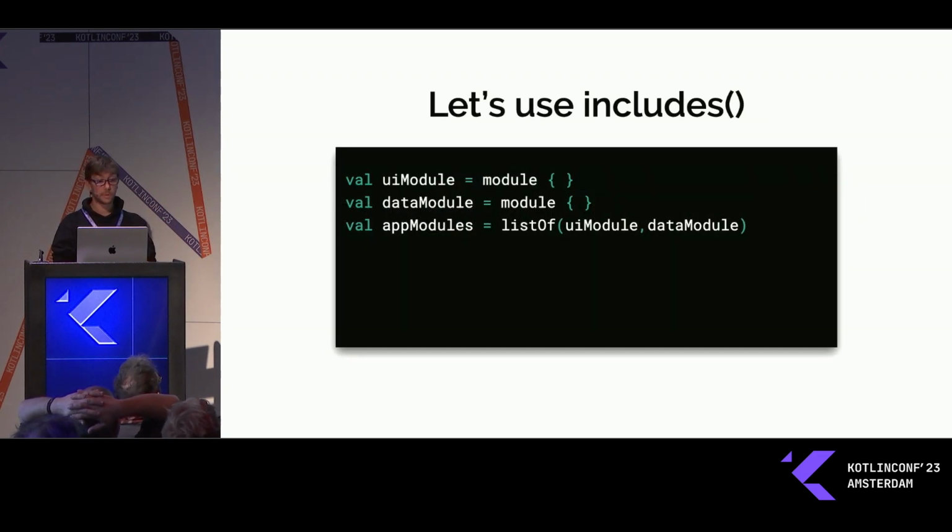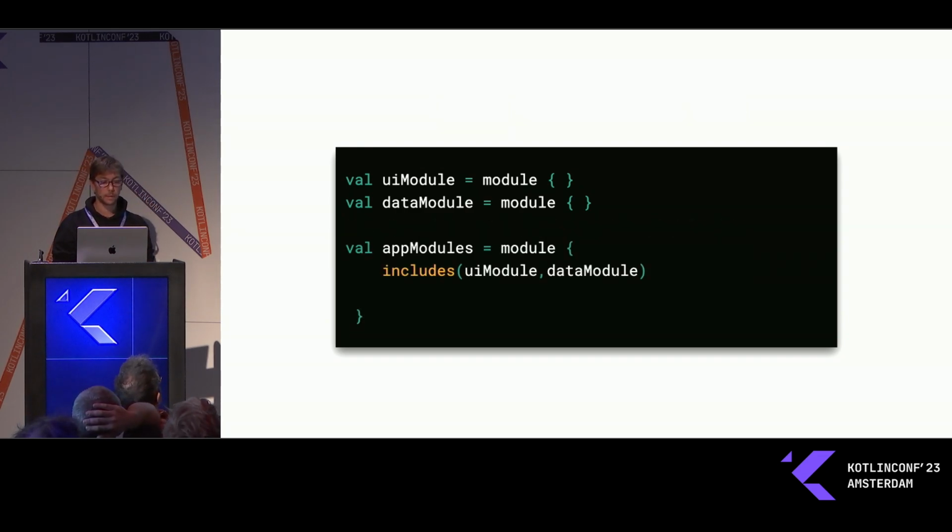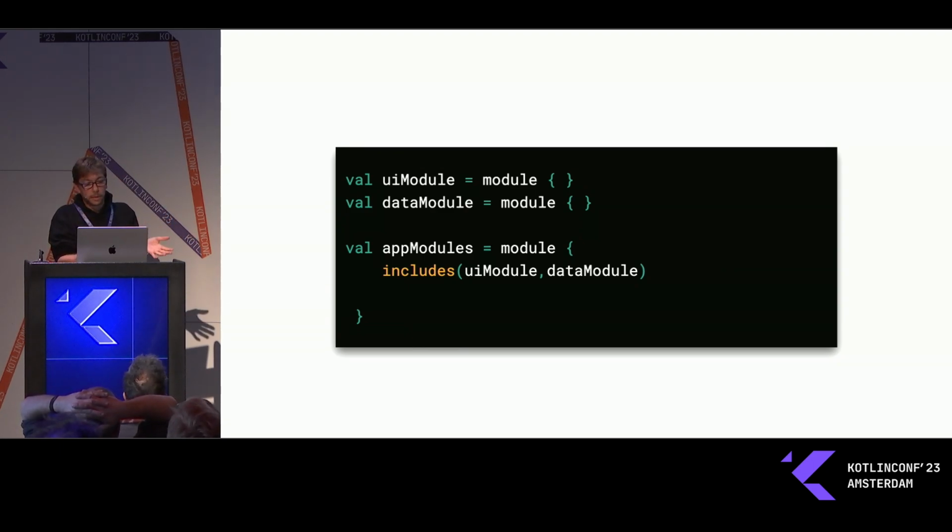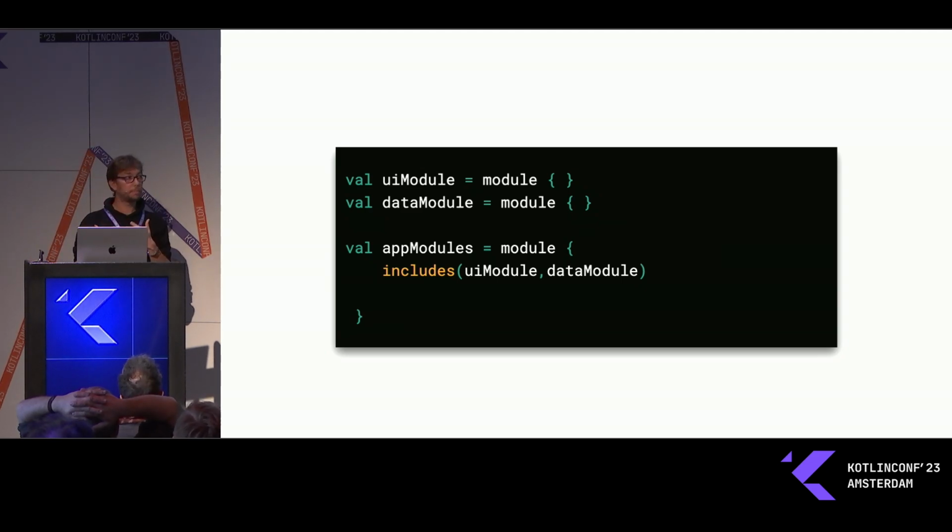Then it's a good thing for us to give you the possibility to clearly express some includes. Even if it feels like, yeah, it should be already there, it's a natural option. The Koin community didn't really require such an option. And really, with big companies that are using Koin at scale, it has become really important to have a mechanism to ensure that we can link everything for you.